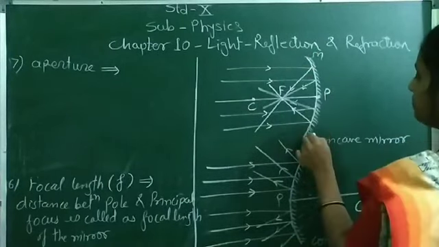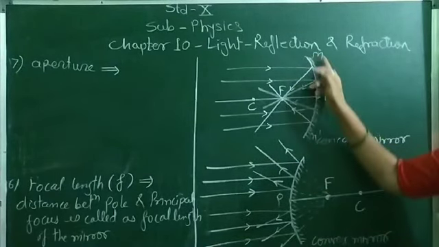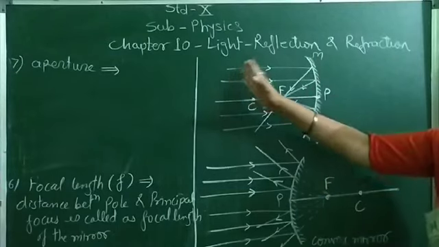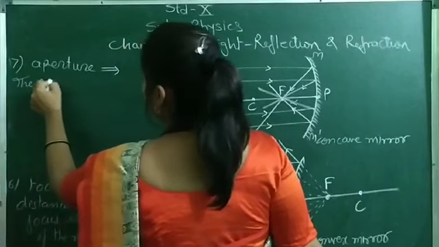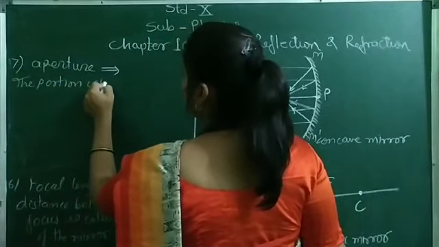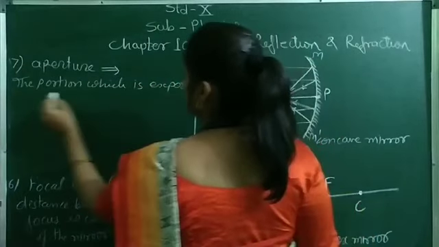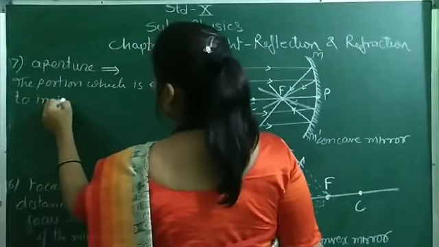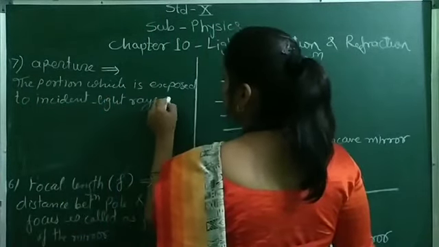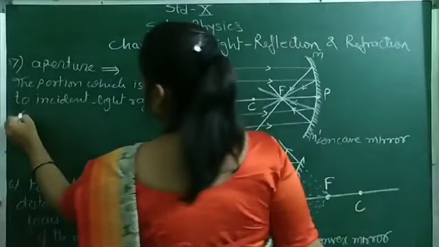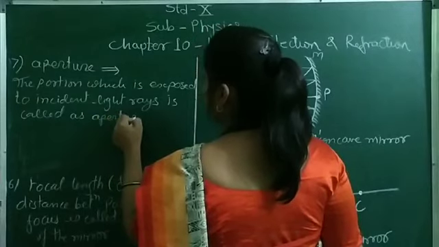So if we name it M dash, M dash is the aperture of the mirror, because this is the portion which is exposed to incident light rays. So the portion which is exposed to incident light rays is called aperture.